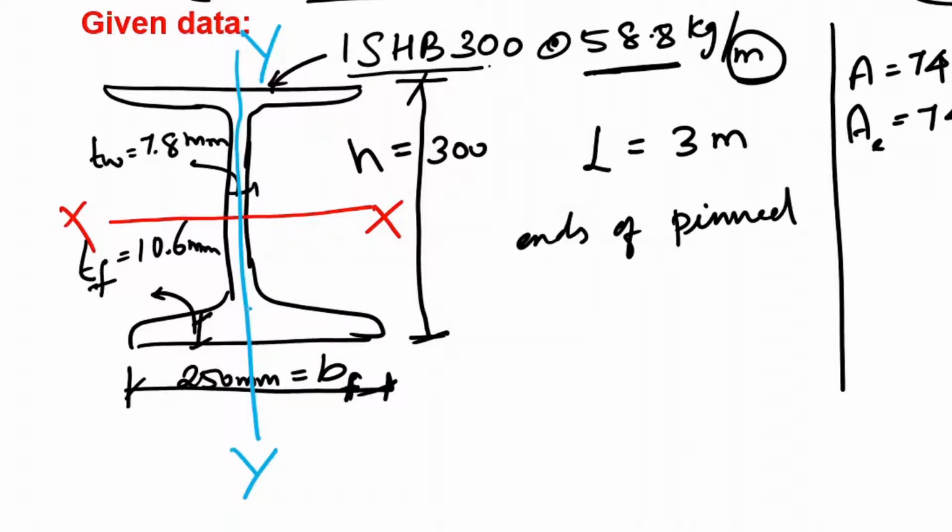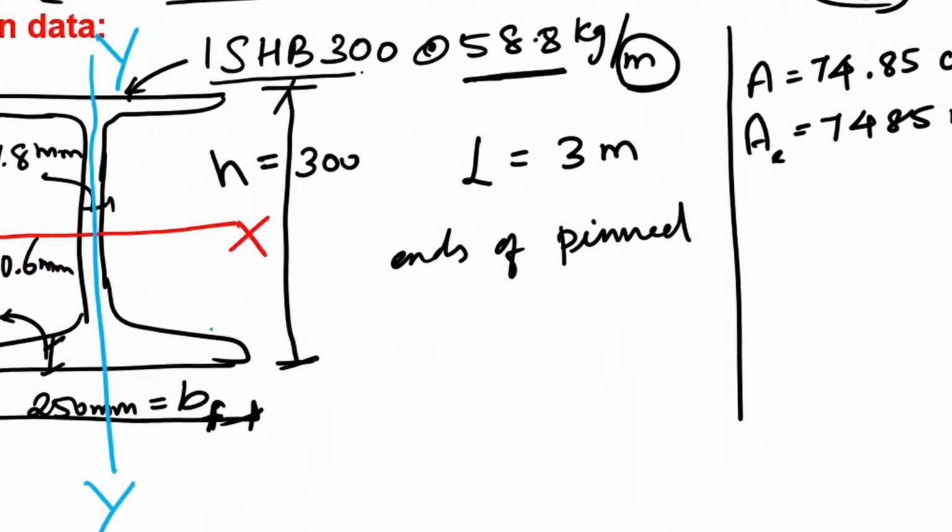It is about the axis YY. That is where the minimum moment of inertia is, and that is where the buckling is going to happen. So the strength in that axis is the strength of the given I section, because on the other axis the strength is more. If you apply the load, whichever axis has the least strength, if that reaches its limit, then buckling will happen, the column failure will happen. So the strength is the least strength of both axes.